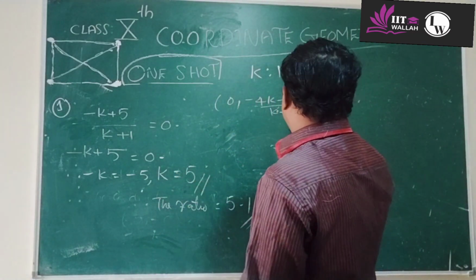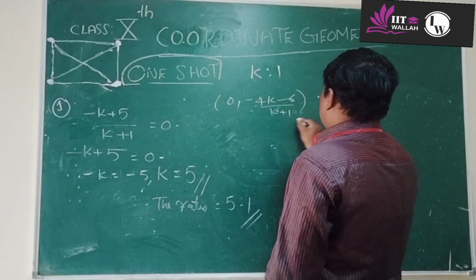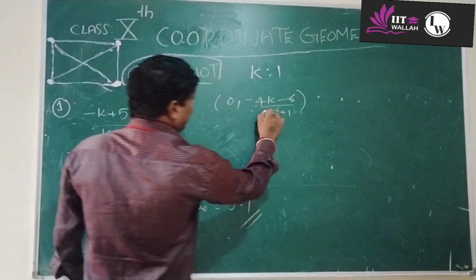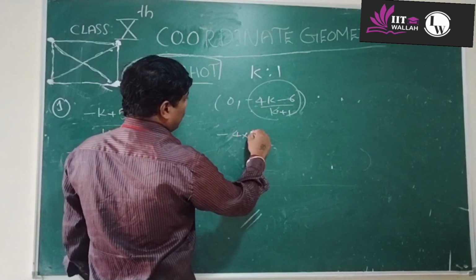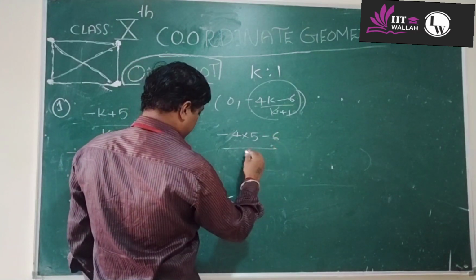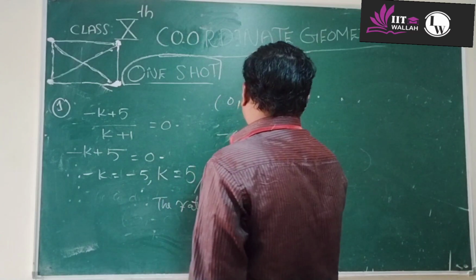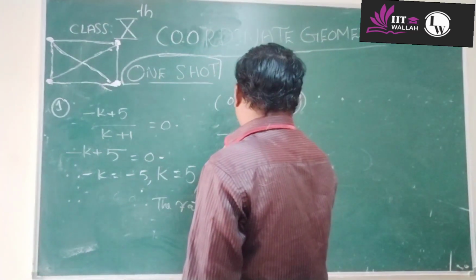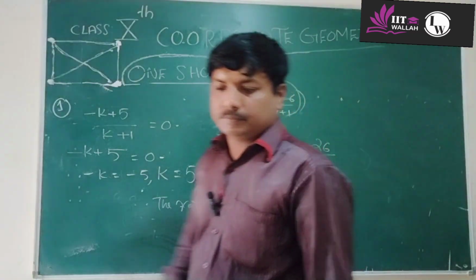So this becomes minus 4 into 5 minus 6 by 5 plus 1. That means minus 20 minus 6, that is minus 26 upon 6.